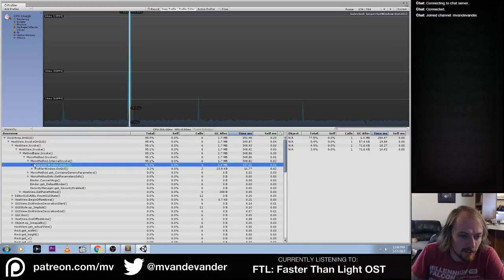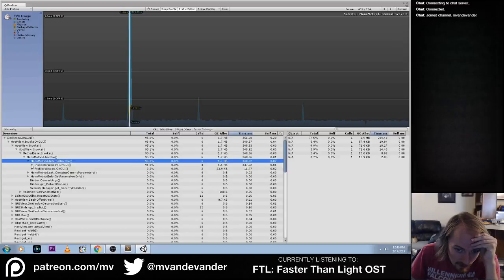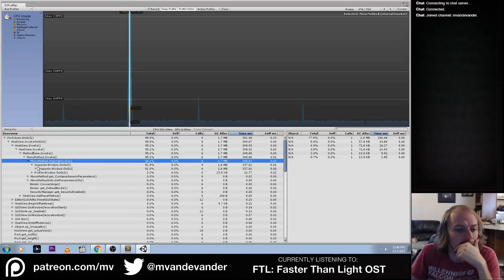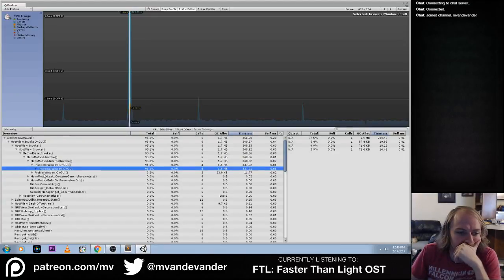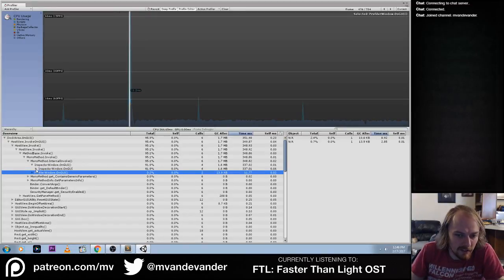There's down to something I recognize, which is that inspector window. It is literally taking that long to just twirl these things out.